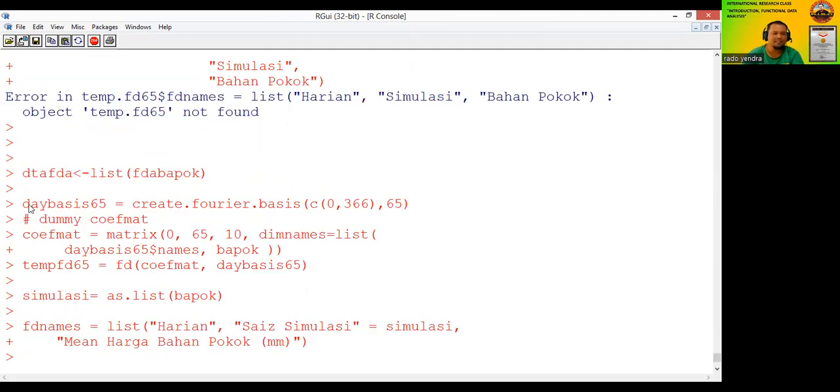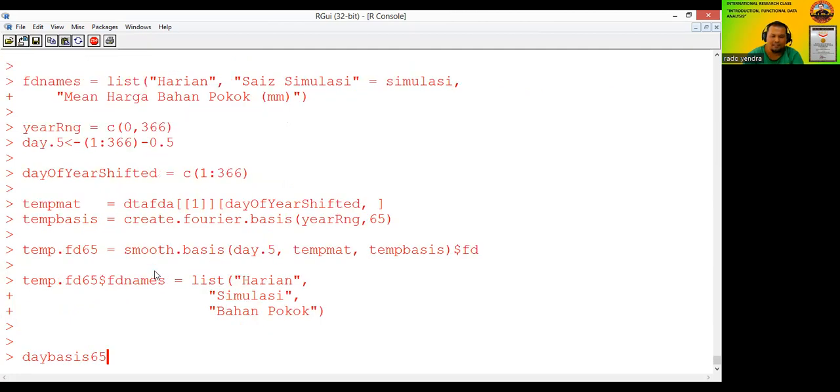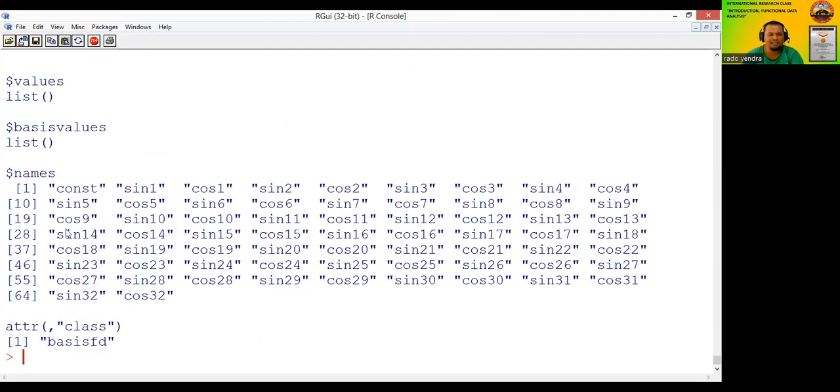So we can check day basis 65. Copy here, paste here, and enter. You can check here: there is one constant, and then there are 64 coefficients.